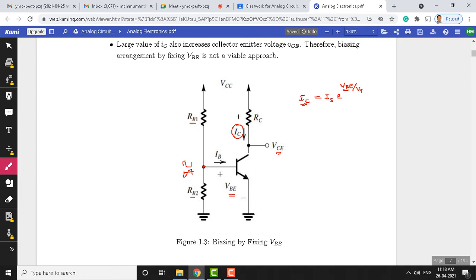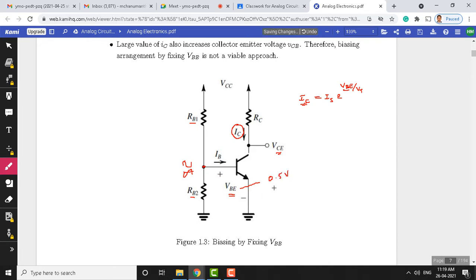This is a serious effect, because the collector current should not change as the input voltage is fixed in this case. But consider a small change, say if I prefer another circuit with VB changing from 0.5 to 0.7. Assume that in one circuit I am employing a VB of 0.5 volts.